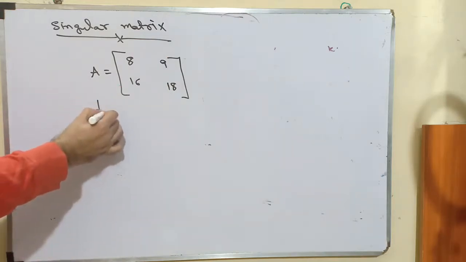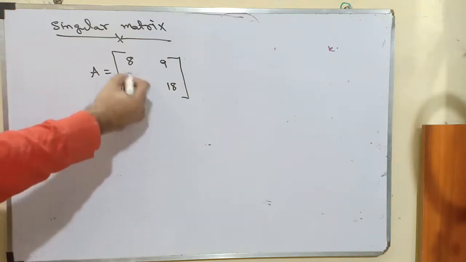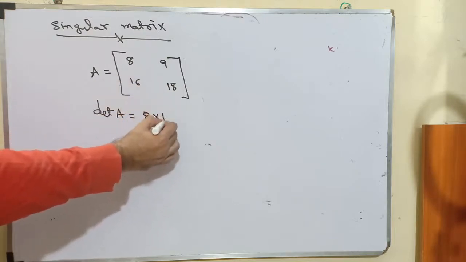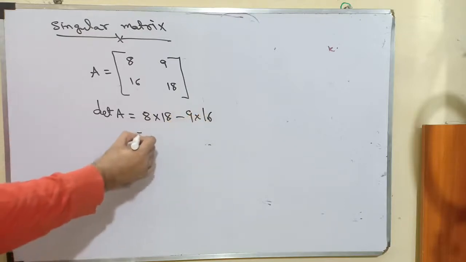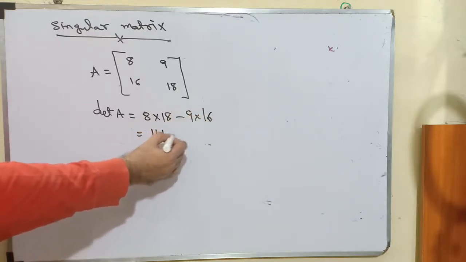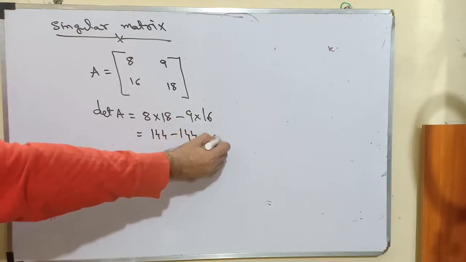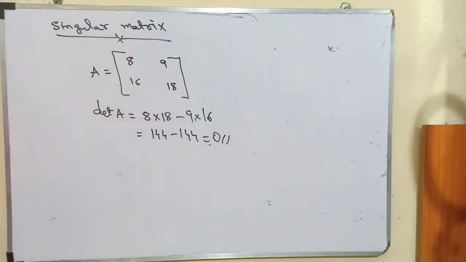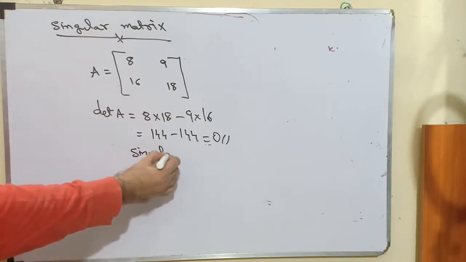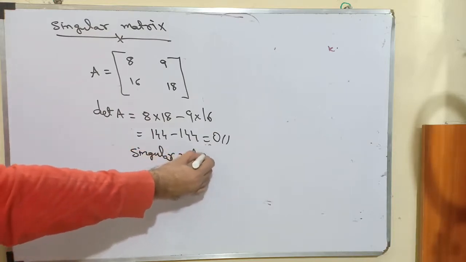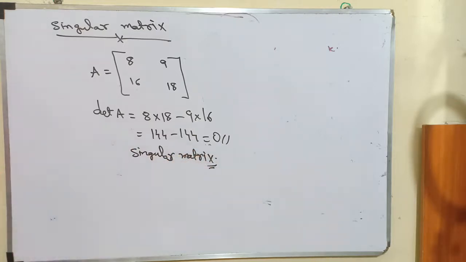When I ask you to find the determinant of A, det A happens to be 8 times 18 minus 9 times 16. 8 times 18 is 144, 9 times 16 is 144, and the det value goes to 0. This is an example where the det value goes to 0. If the value of the determinant goes to 0, then we'll call it a singular matrix.